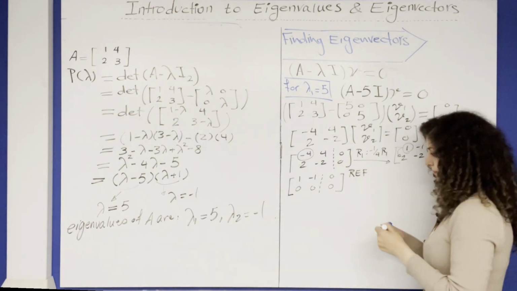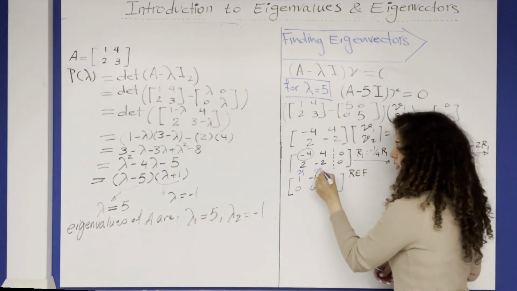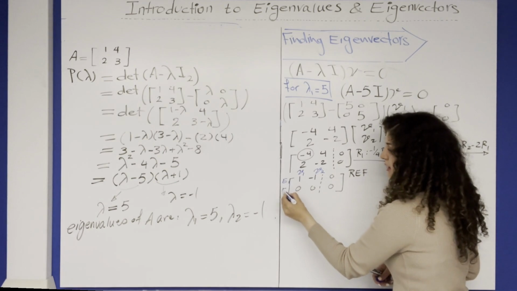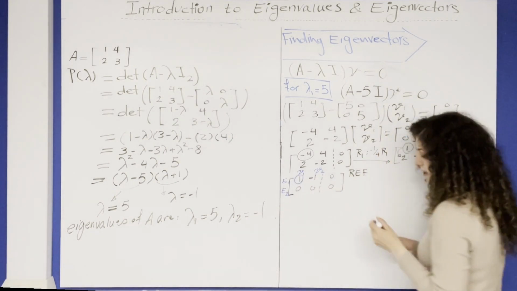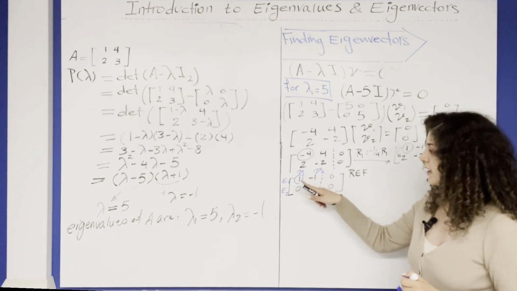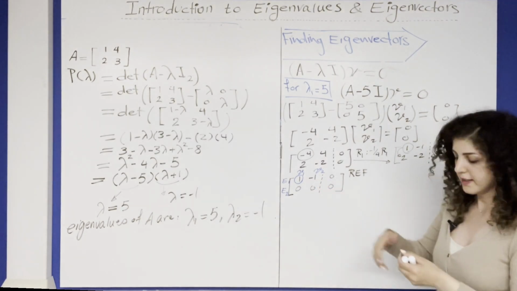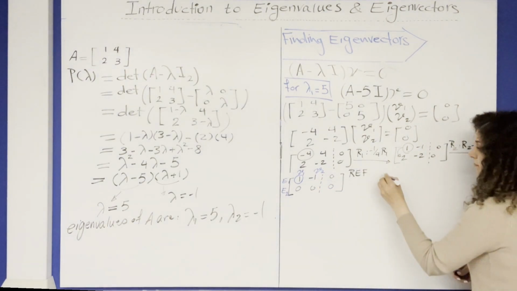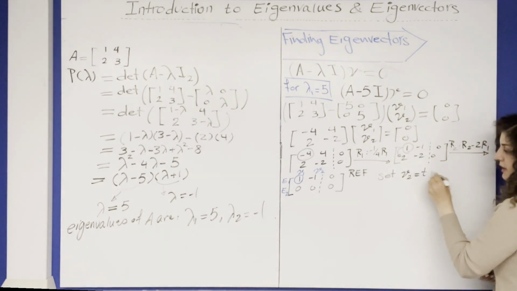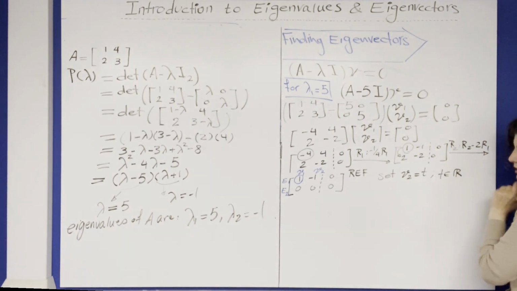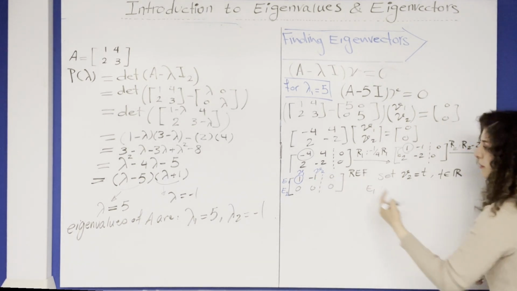And I know that this corresponds to V1, this corresponds to V2, this is equation 1, equation 2. So this is a leading entry, so V1 is going to be a leading variable, and V2 is going to be a free variable, right? So set V2 to be a parameter t, for t being in R, and use equation 1 to find V1.